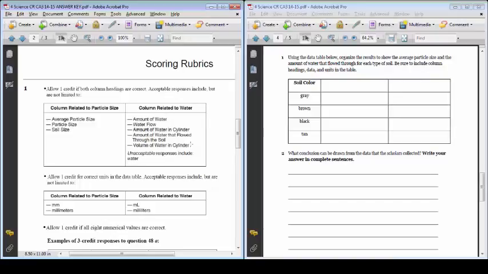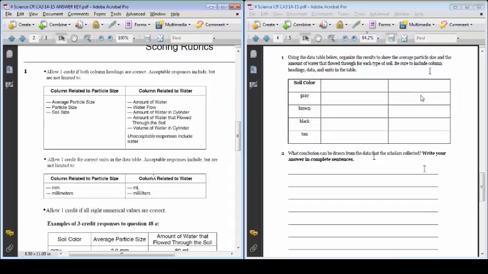If they have interpreted the paragraph on the first page and written out under particle size, for example, 2 millimeters, 1.5 millimeters, 1.0 millimeters, and 0.5 millimeters, they will receive 1 point if all the numbers are correct on the particle sizes and the amount of water. And then they will receive their third and final point if the units are correct in the table.